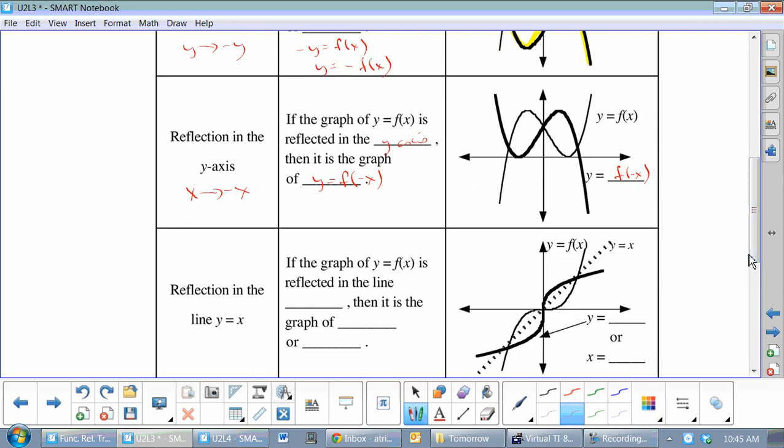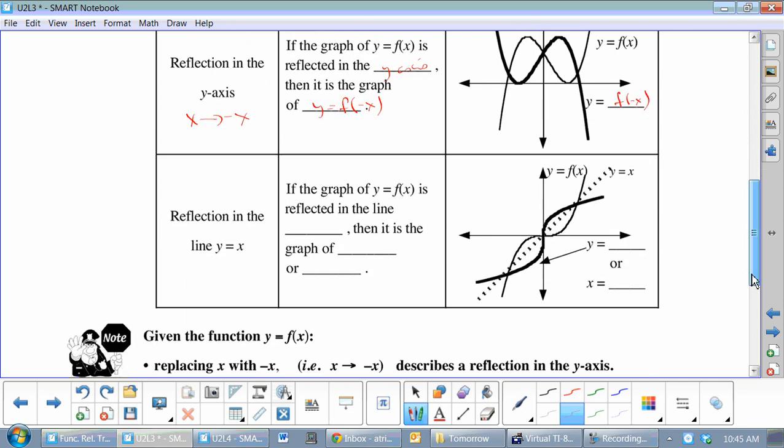Now if we reflect it on the line, now what's that dotted line called? The line of y equals x. Okay, then it is a graph of either, now what's the replacement? X gets replaced with y and y gets replaced with x.